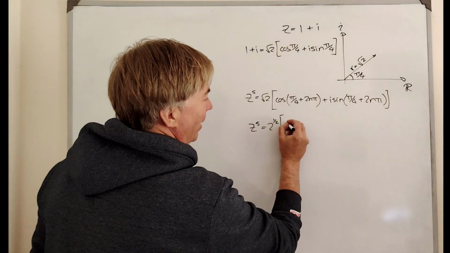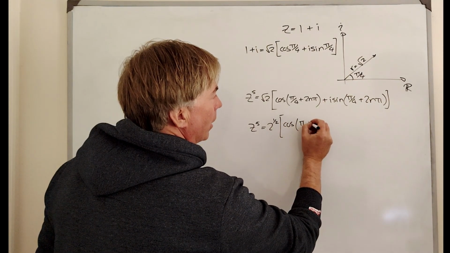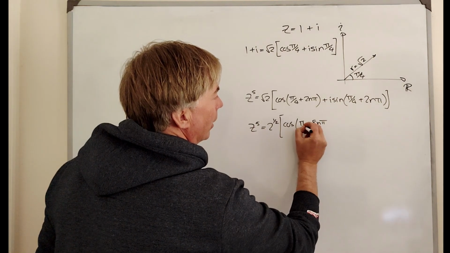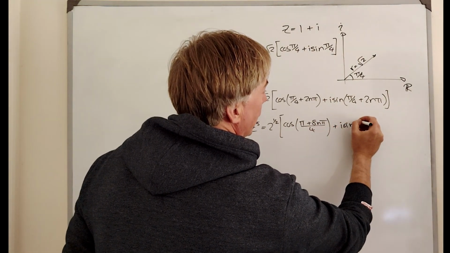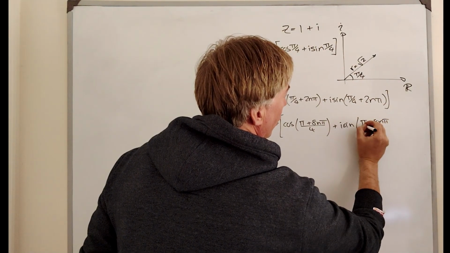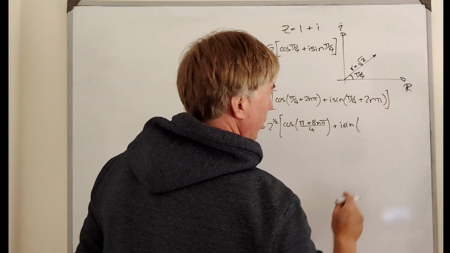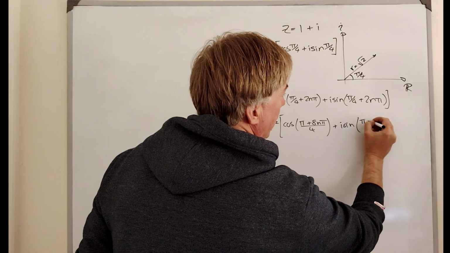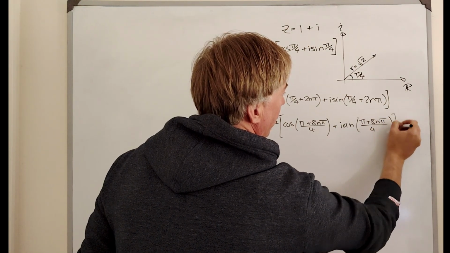Not forgetting my cos, kind of important: cos of (pi plus 8n pi) upon 4, plus i sin, and then once again (pi plus 8n pi) all over 4.